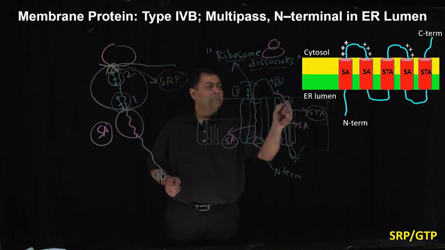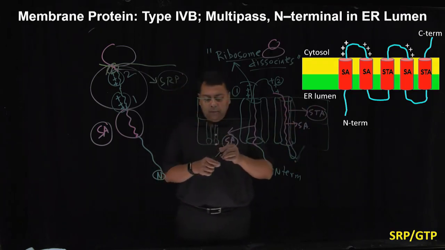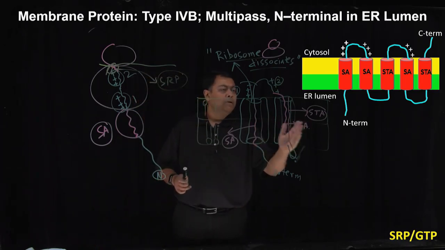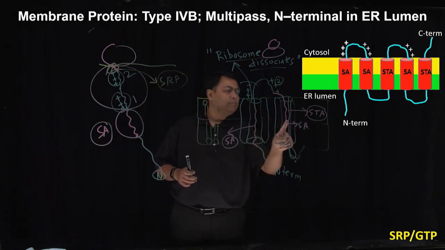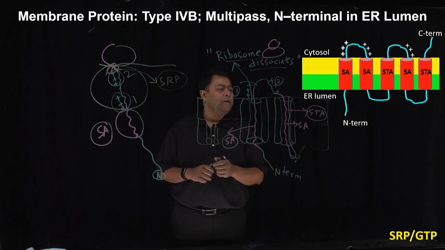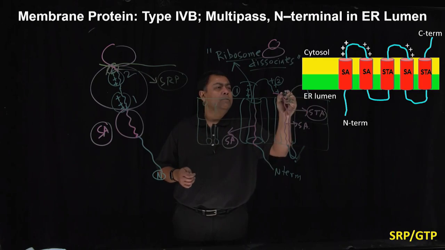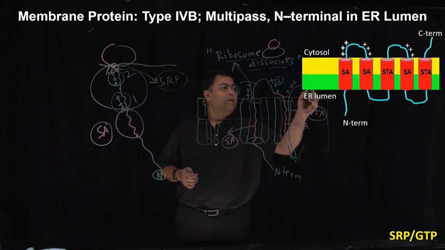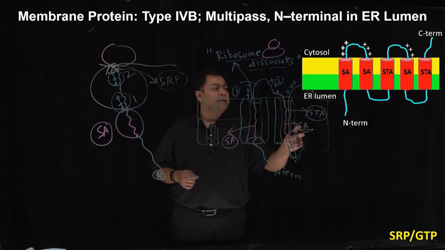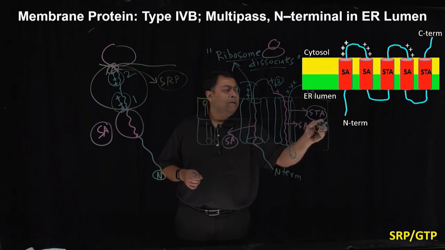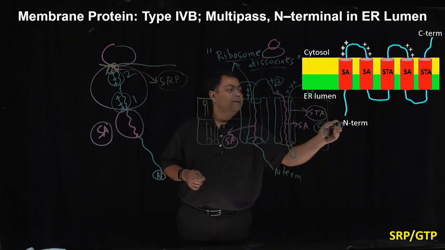So after this is formed, they will wait a little bit, the ribosome will stop translating so that this entire portion, the first one already did, and this portion is moved into the plasma membrane, and then again this part is going to be synthesized, which are not going to get into the translocon, followed by another SA sequence, followed by another STA sequence.